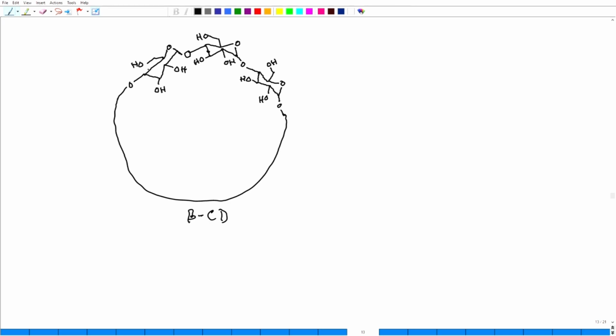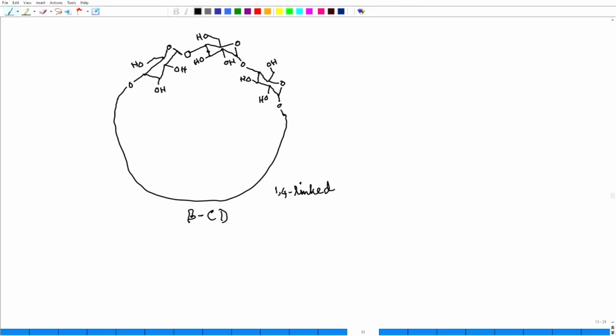These are all 1,4 linked, and they are cyclic. That is why they are known as cyclodextrin. This particular one, when it is 7, we call beta cyclodextrin. Similarly, we have alpha, we have gamma.